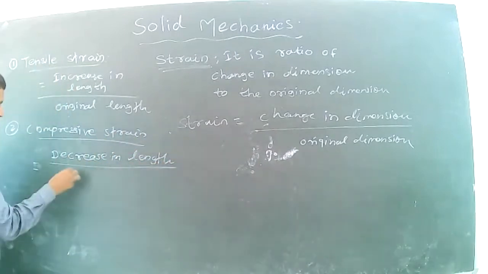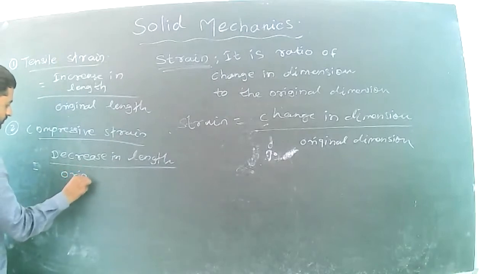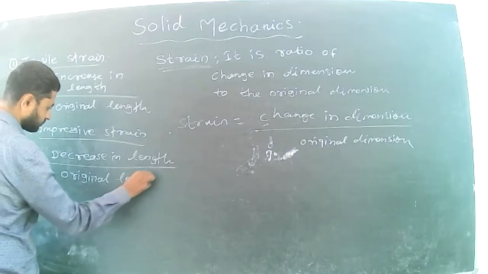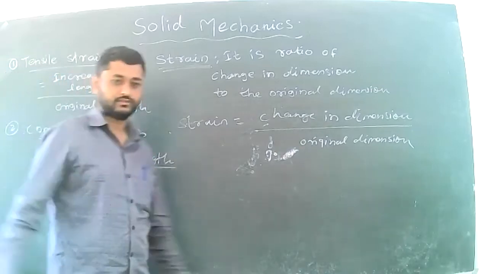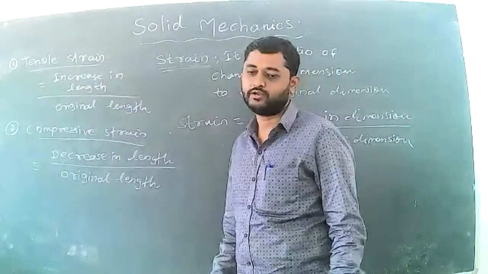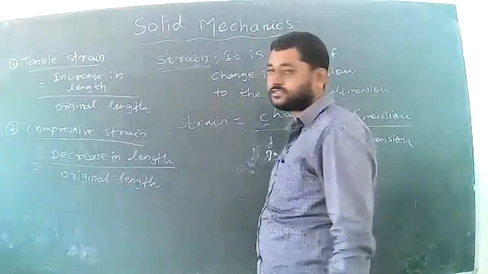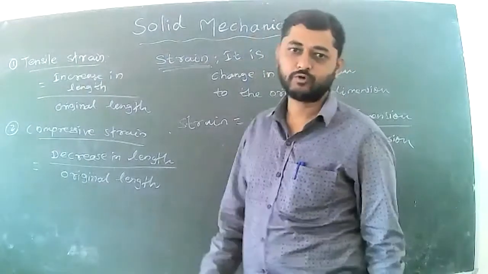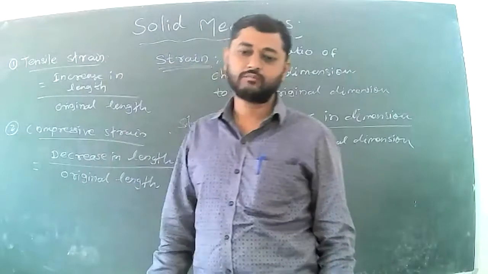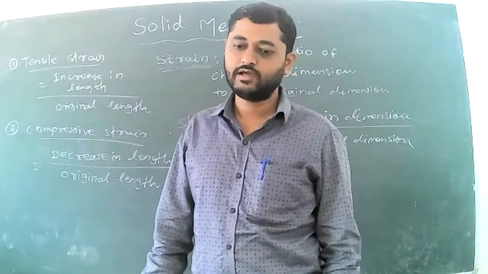Tensile strength is nothing but increase in length upon original length. Compressive strength is decrease in length upon original length.